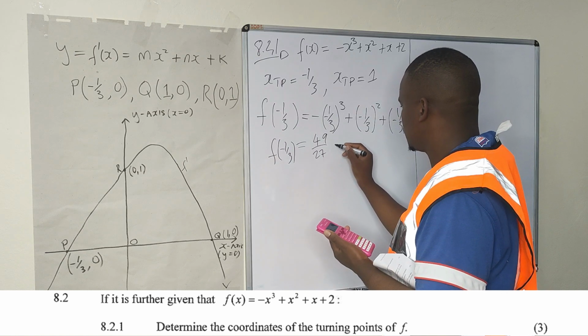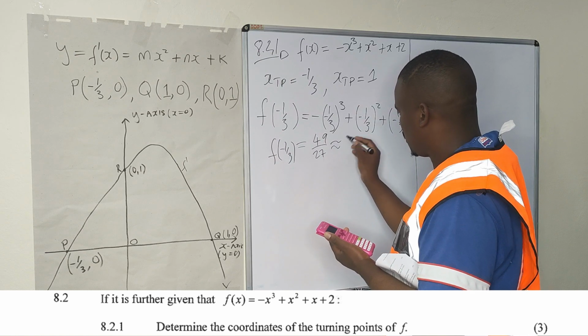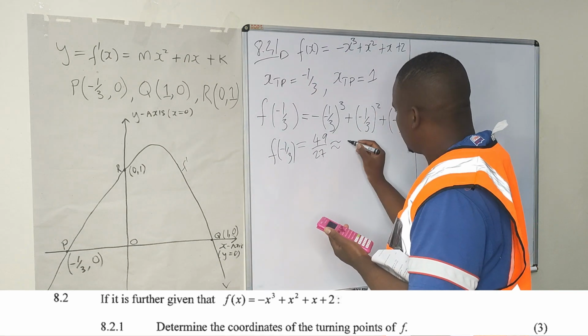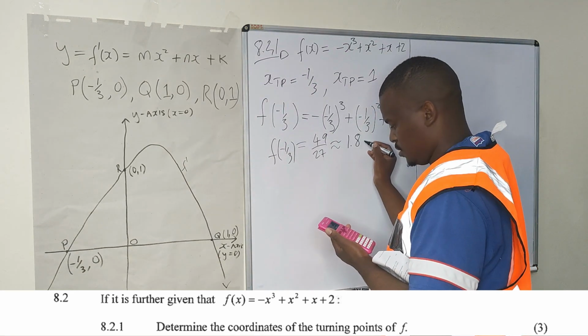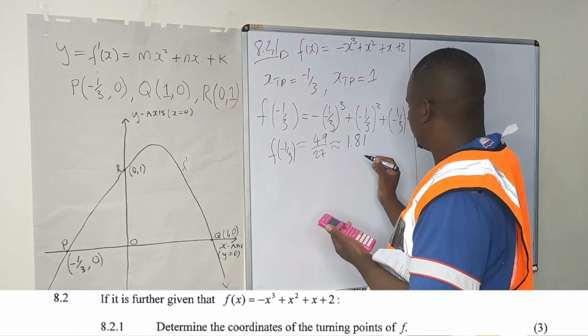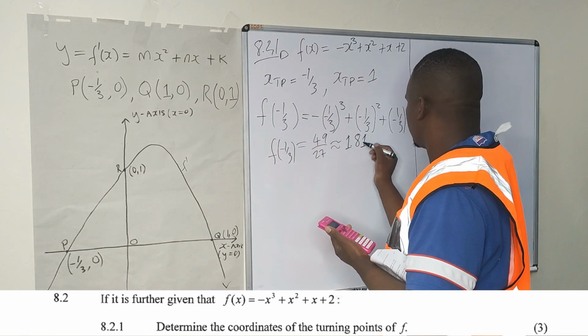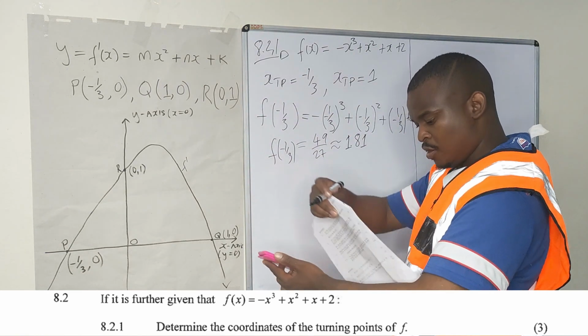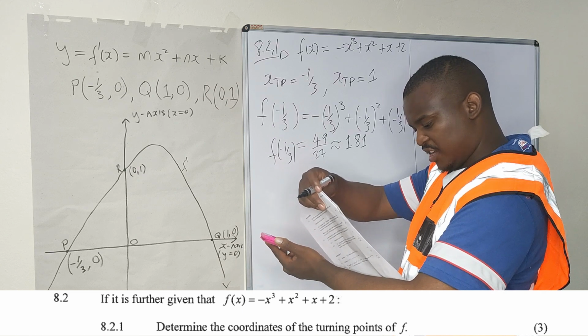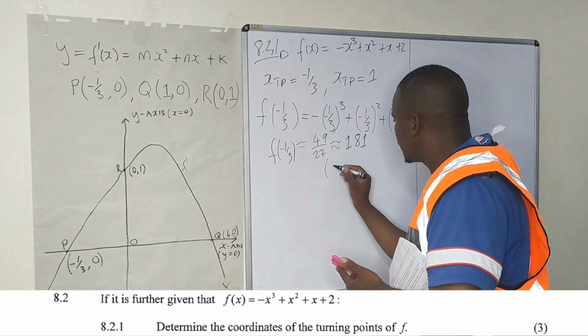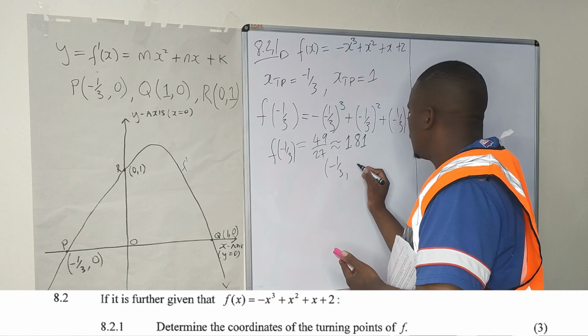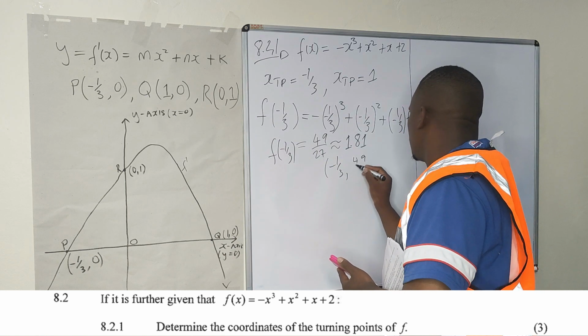Which is approximately 1.81. So the coordinates of your first turning point are -1/3 and 49/27.